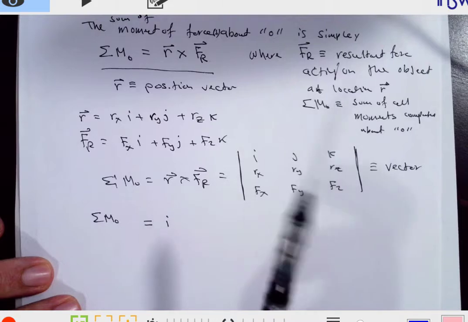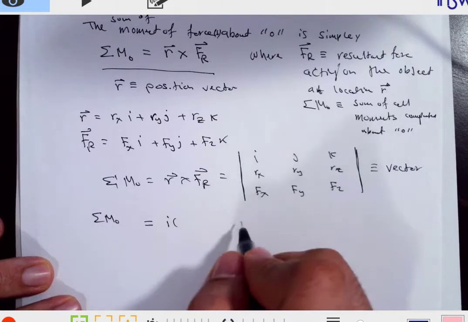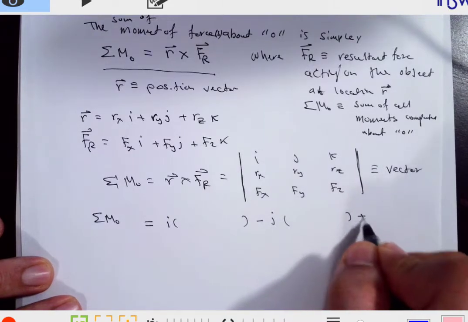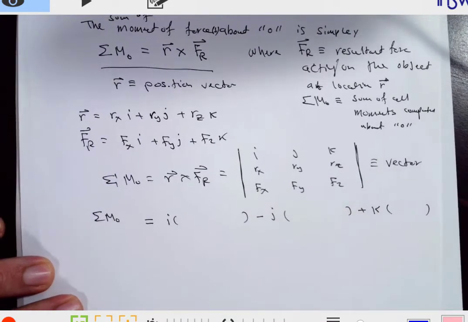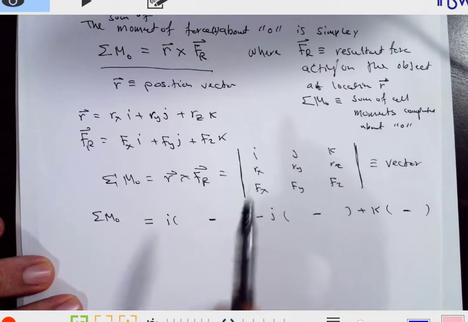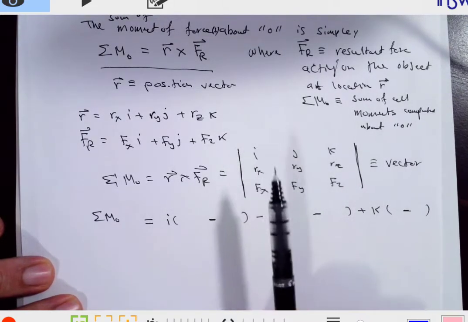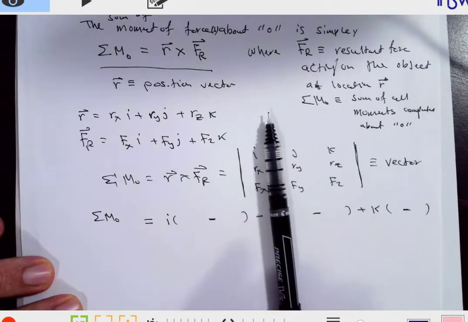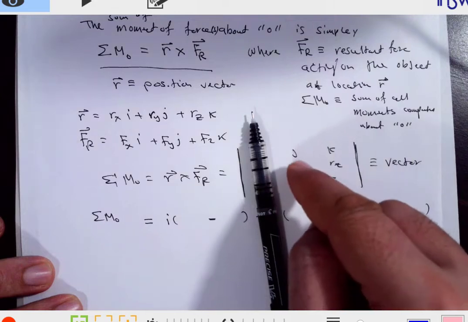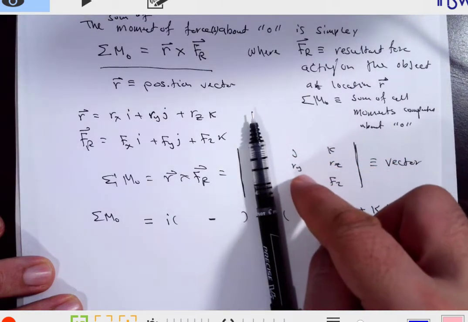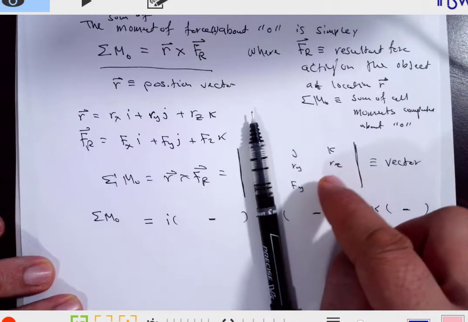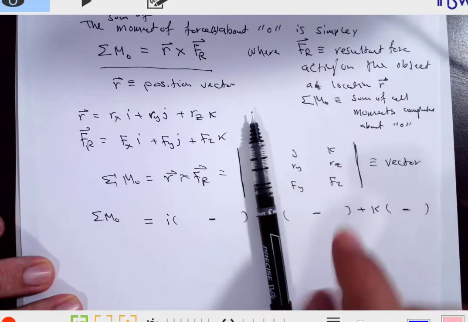You write first i, minus j, and plus k, and what's in the parentheses is the determinant of each quadrant. The first term is the determinant of this portion, so it's Ry Fz minus Rz Fy.